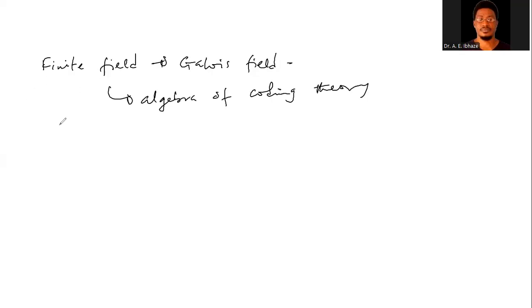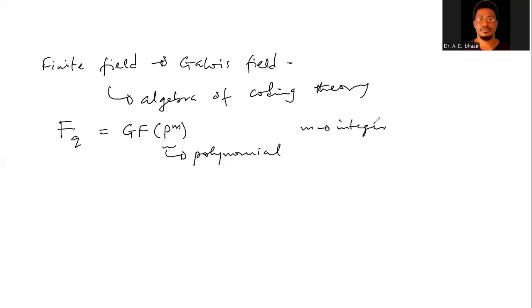And now I have been representing it as F_Q, which is equally the same as the Galois field GF with a prime value raised to the power of M, GF(P^M). Now, this just tells us that it is a polynomial, okay, raised to the power, where M is an integer, okay?